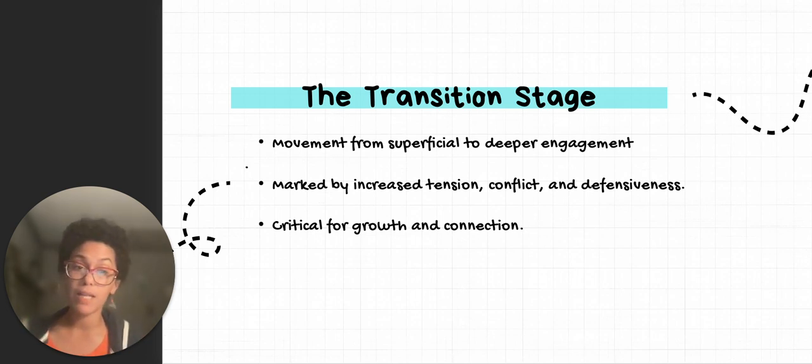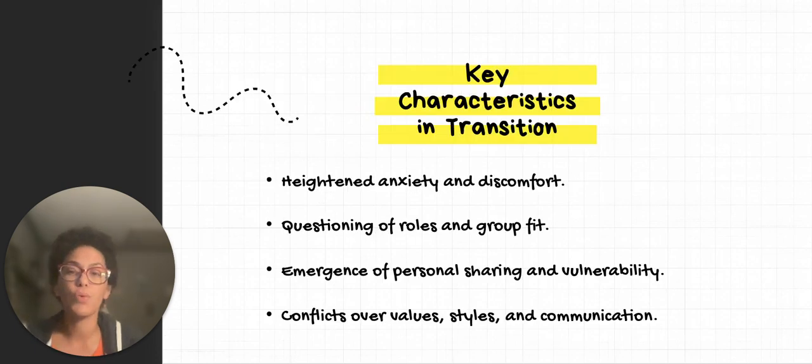At the same time, the transition stage offers the opportunity of growth and deeper connection and meaningful progress. So, for group leaders, understanding the characteristics and the dynamics of this stage is essential for guiding the group more effectively. So, key characteristics of the group during the transition stage.